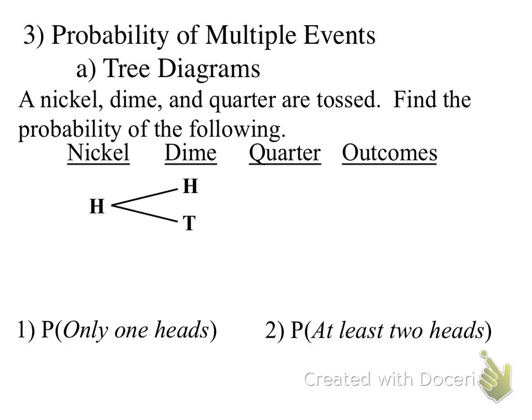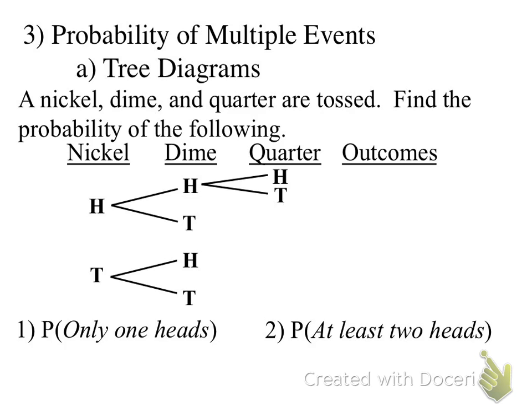What happens if my nickel is a tail? Then when I toss the dime, again, I have the possibility of a heads or a tail. And I do this for each coin. With the quarter and the heads, I could get a heads or a tail. Or with the original tails, I can get a heads or a tail.